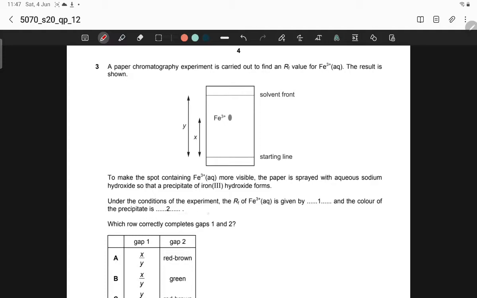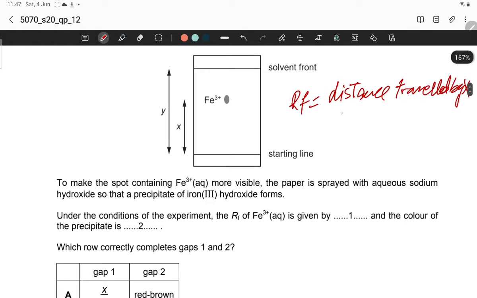Under the conditions of the experiment, the RF of Fe3+ ion is given by the distance travelled by the x divided by distance travelled by the y.